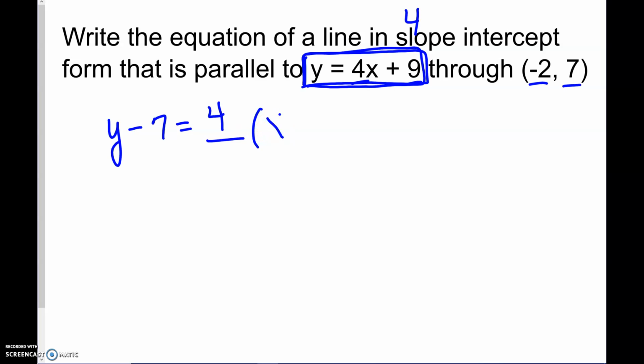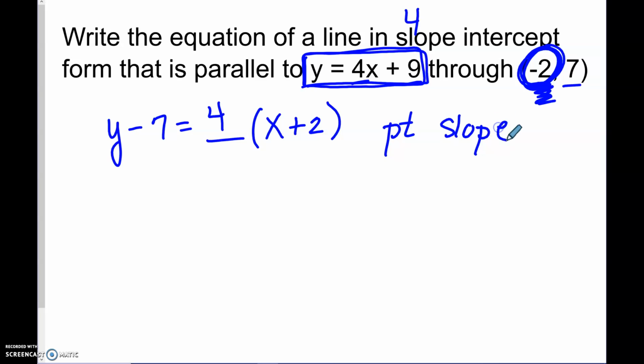And now let's finish the rest of the equation. X, and our x value right here is a -2. And because this is a -2, I'm going to write a +2. All right, now this is an equation in point-slope form, but if you go back and read the directions, they want it in slope-intercept form.